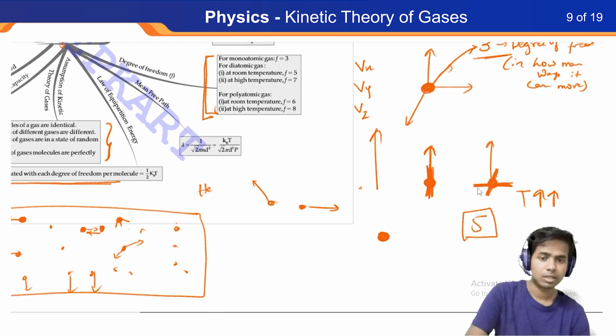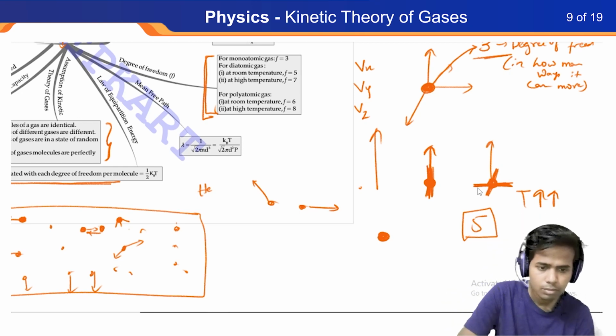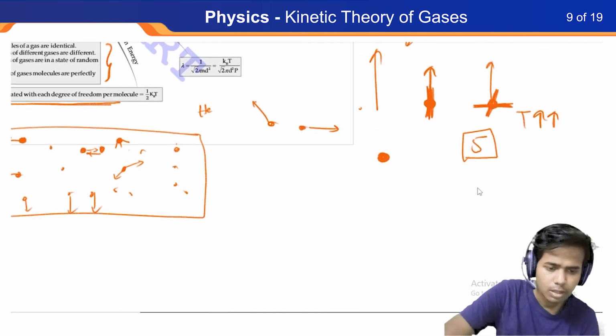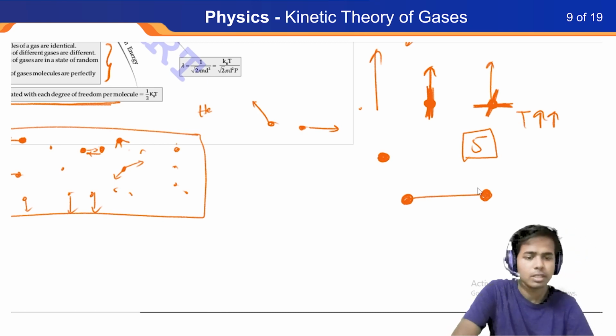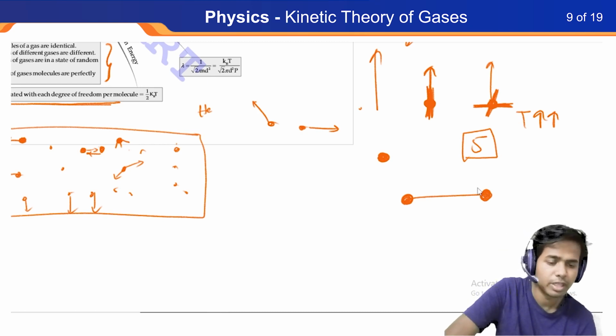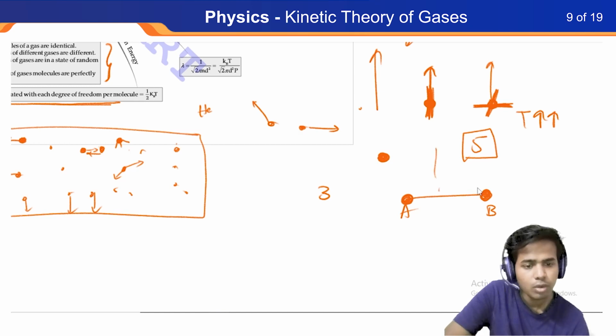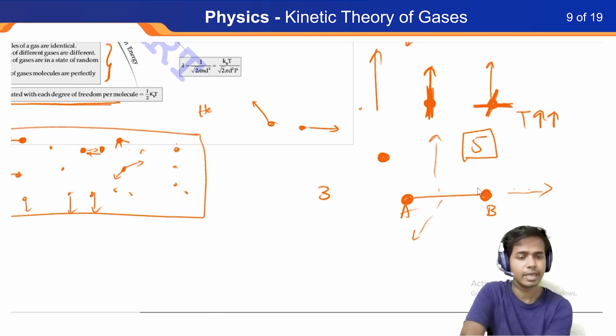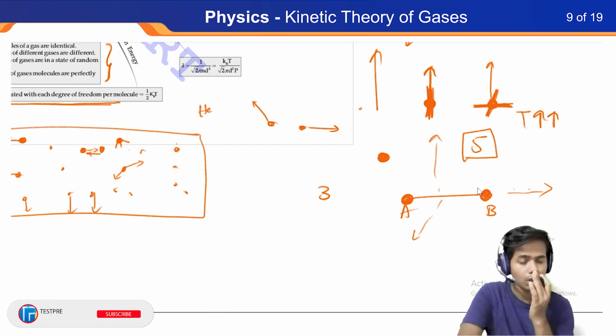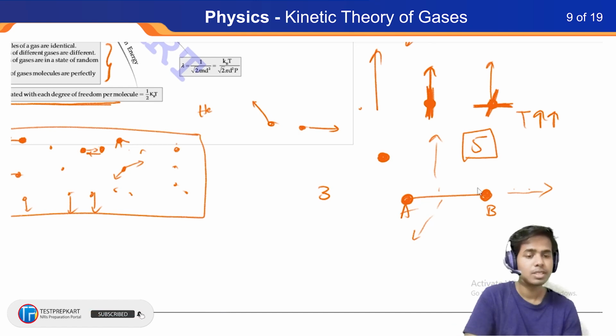What about diatomic particles? Diatomic particles, yes, these two particles having a rigid bond between them, A and B. Now, the three motions it can have right now are in this direction, or this direction, or the Z direction, X, Y, Z direction. These are the usual three motions it can have.